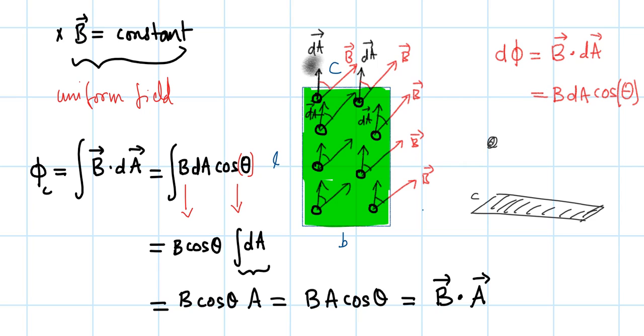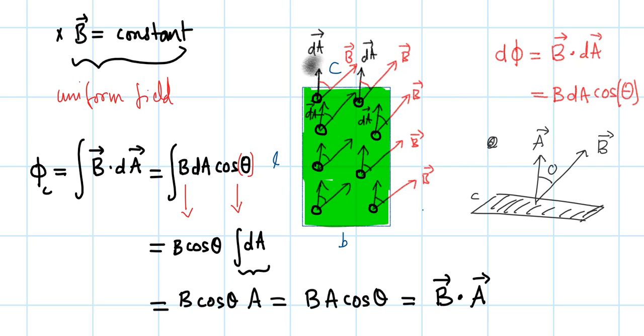That means the entire flat surface enclosed by C can be represented by a single vector A, and instead of using the magnetic field at every point, you can just assume a single magnetic field in that region, B.